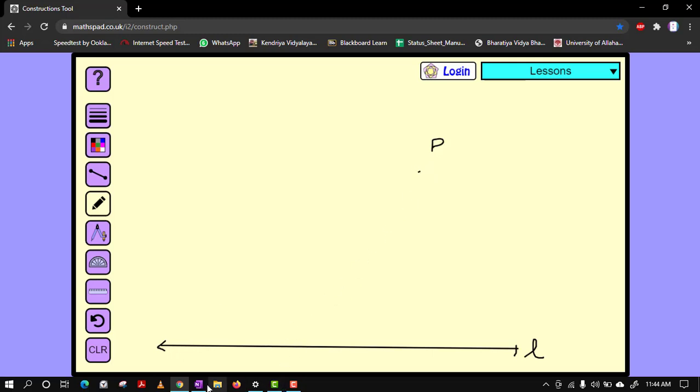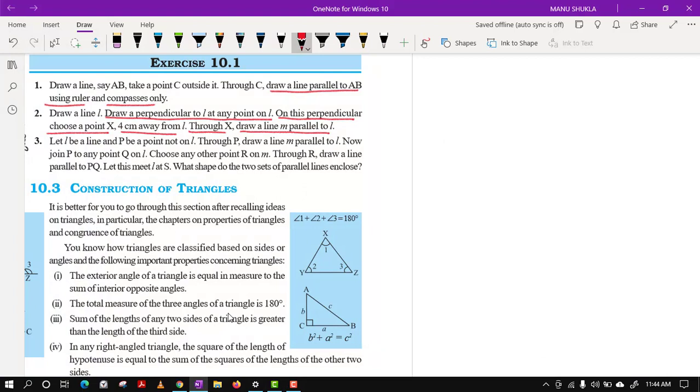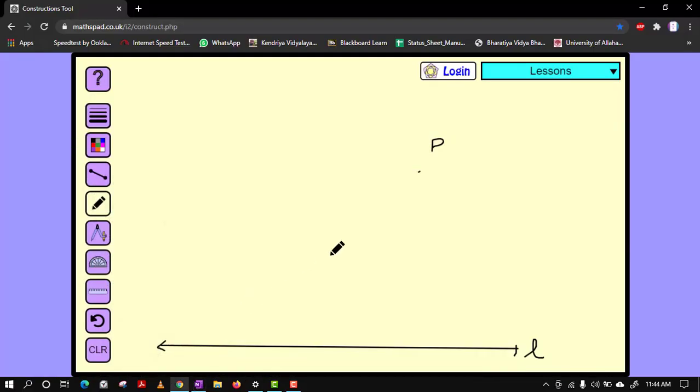Now what they are saying, draw a line M parallel to L. The same procedure we follow. So now we'll take a point on the given line. Suppose I take A, let me take the point over here, point A. So we all know what will be done.